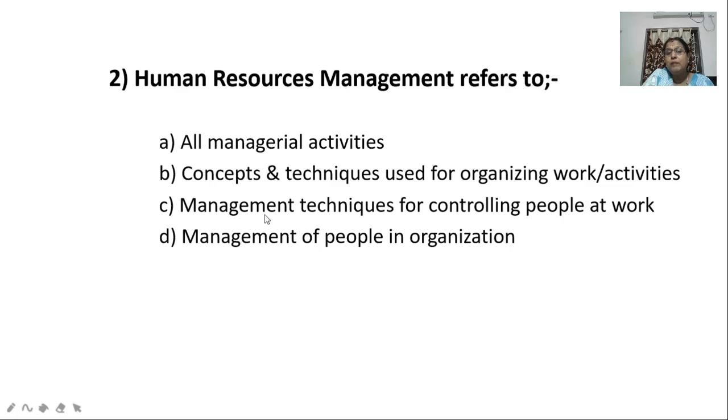You have to identify the right one. You may have a confusion between, say, options C and D here. This is a management technique for controlling people at work, whereas this is management of people itself. So human resource management always revolves around the management of people. Definitely the correct answer is D.